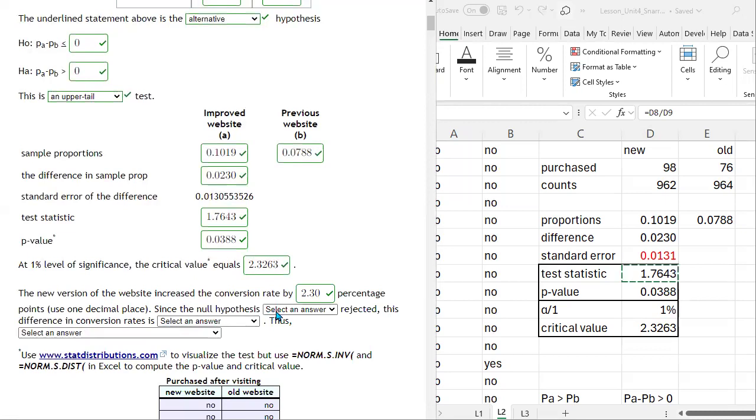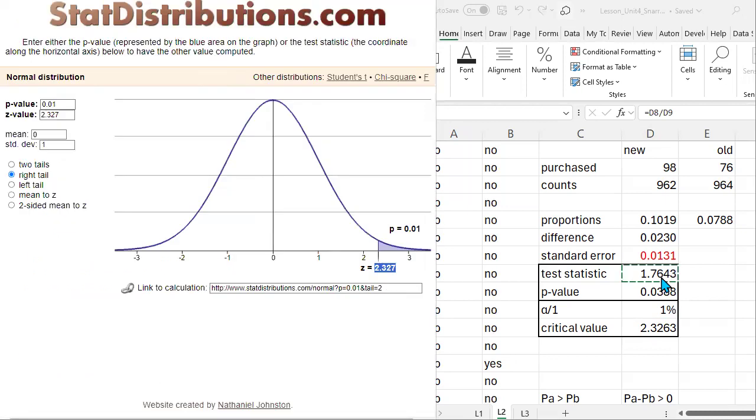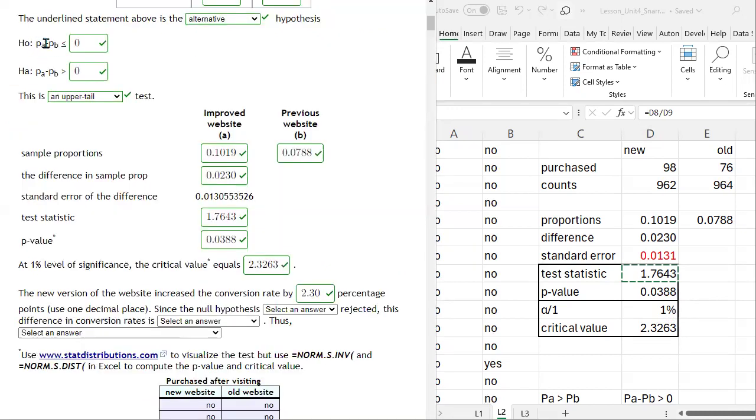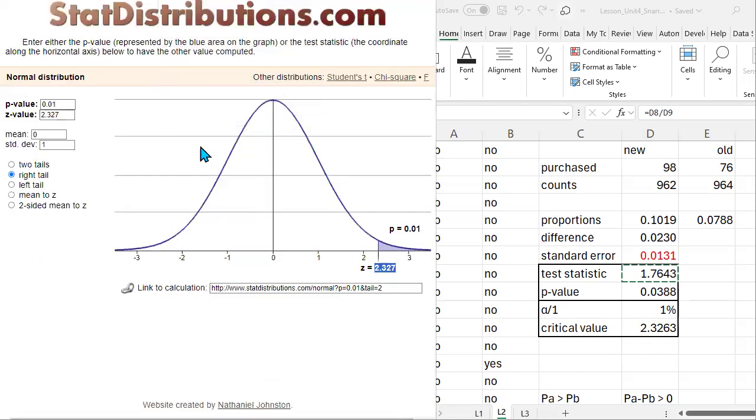Since the null hypothesis is what? Rejected, not rejected? The test statistic says that difference is insignificant because it's under the white area. And if you notice, the null hypothesis says the difference is less than or equal to 0. Well, the less than or equal to refers to two areas under the distribution: the area in the hump and this lower tail.